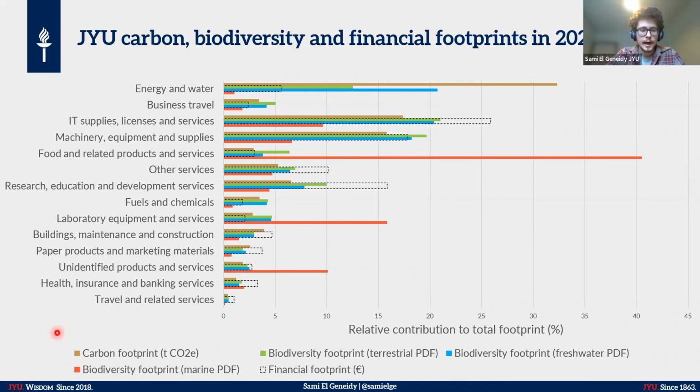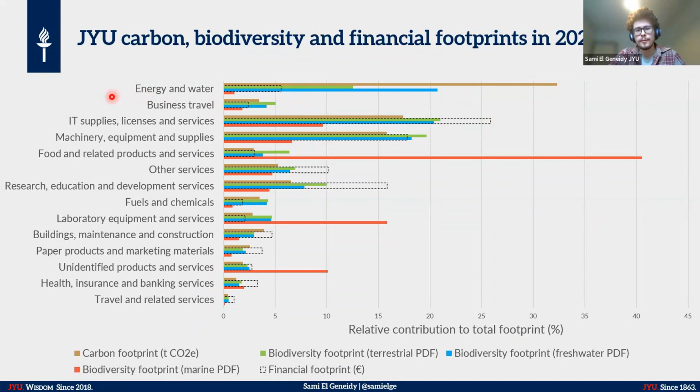As you can see, we have the carbon footprint in the brown color. Then we have the different biodiversity footprints: terrestrial, freshwater, and marine. And finally, we also have the financial footprint, the dotted line above all the other bars.